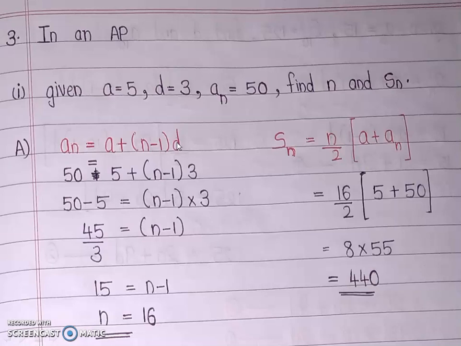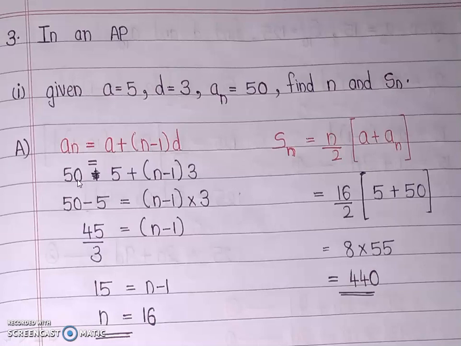Why do you use this? Here an is given, a is given, d is given. Only which is the unknown quantity? N is the unknown quantity. It is easy for you to use this equation in this question because only n is unknown here. So after substituting the given values in your question, you will get n easily as n equal to 16.